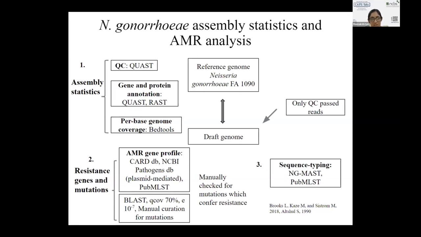We also carried out a phylogeny analysis for identifying the sequence types of these organisms, because identifying the correct strain is very important, and it can also help with managing the public health threat.